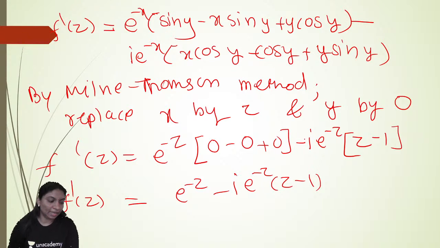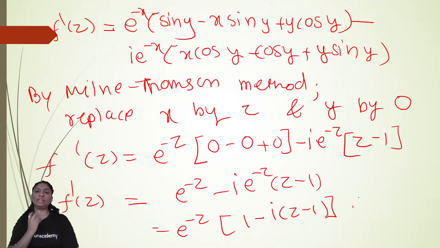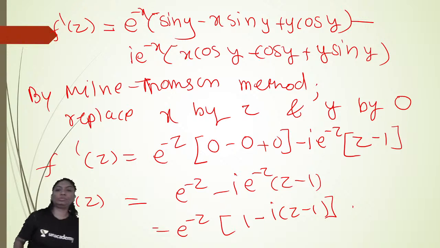Okay, so we will take here, this is same as minus i into, now if I take e raised to minus z common into bracket 1 minus i into z minus 1. Right, so this will be i z, z minus 1 into i dz, e raised to minus z, i e raised to minus z.